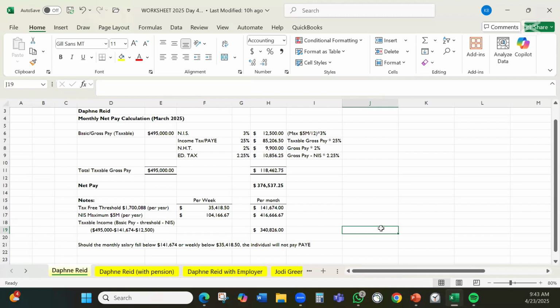Right? And you can be held accountable for it, because if you don't pay it over, then the government is not going to go after the employee. The government is going to come after you as the employer, because when you formed your company, you would have done up your form, and I think there's a section on it that says, do you have employees?